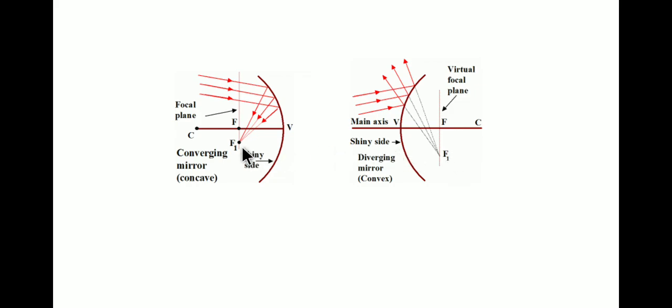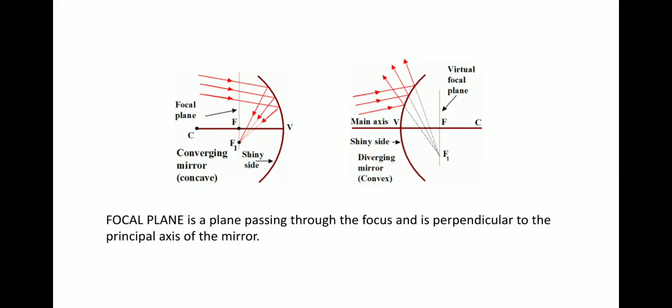In the concave case it is the real focal plane, and in the convex case it is a virtual focal plane. From here the lights may appear to be diverging outside, and here the lights actually intersect and form over here. So the focal plane is a plane passing through the focus and perpendicular to the principal axis of the mirror. This is the definition.